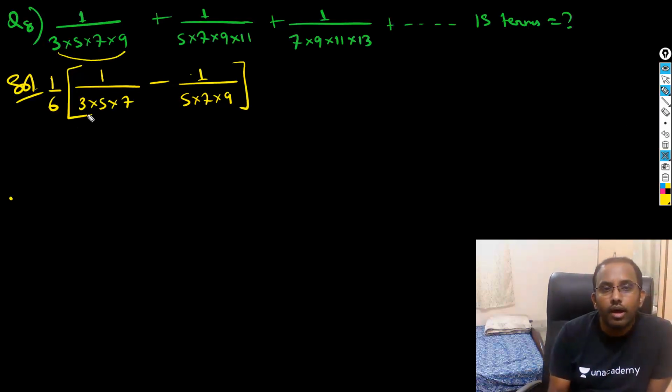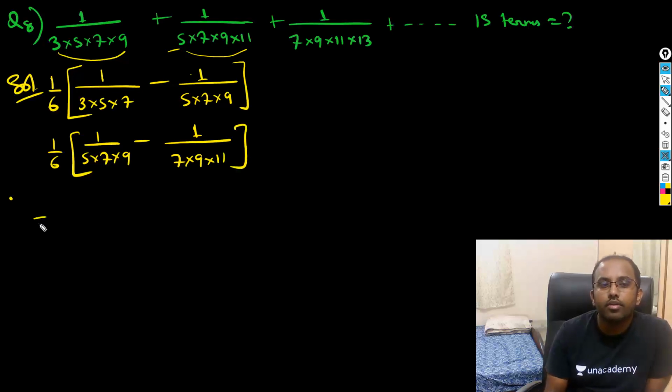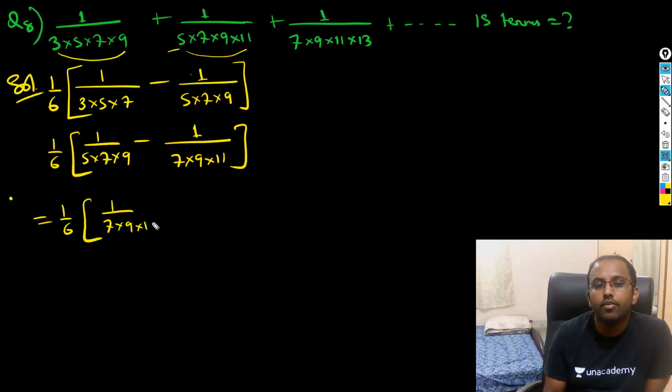Now again I can take 1 by 6 outside, since 5 and 11 gap is 6: 1 by 5, 7, 9 minus 1 by 7, 9, 11. Now what am I getting? It is 1 by 6 times 1 by 7, 9, 11 minus 1 by 9, 11, 13.